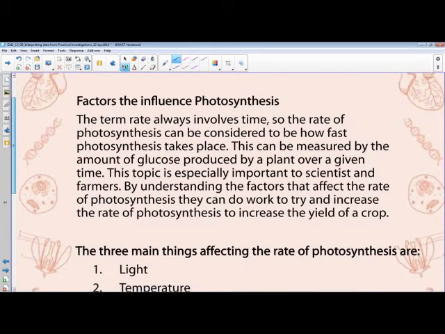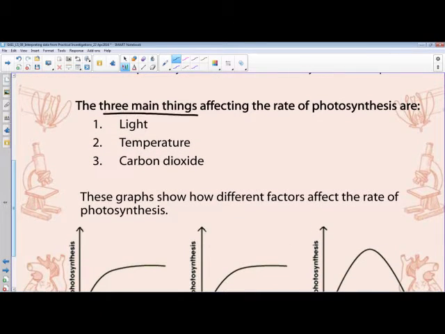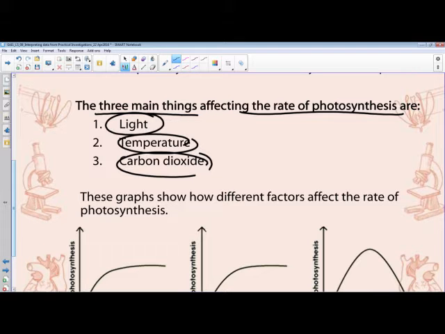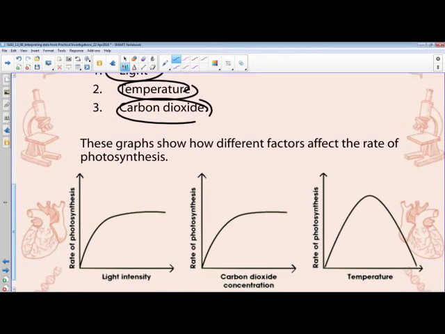The key concepts that we need to discuss would be that there are three main factors that influence the rate of photosynthesis. In our previous lesson, we discussed that light, temperature, and carbon dioxide all influence the rate of the reaction, and these can be illustrated in three simple graphs where we see the trend between the light intensity increasing up to a specific point, after which any further increase in light intensity does not affect the rate of photosynthesis.